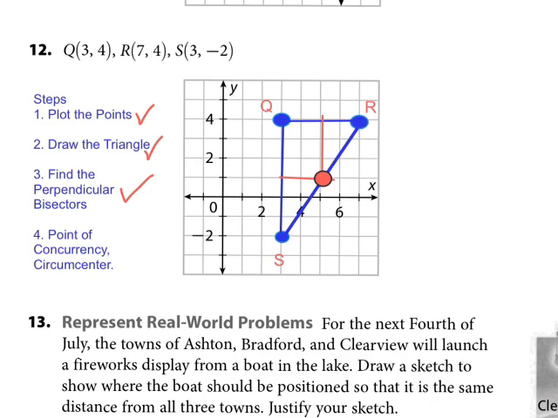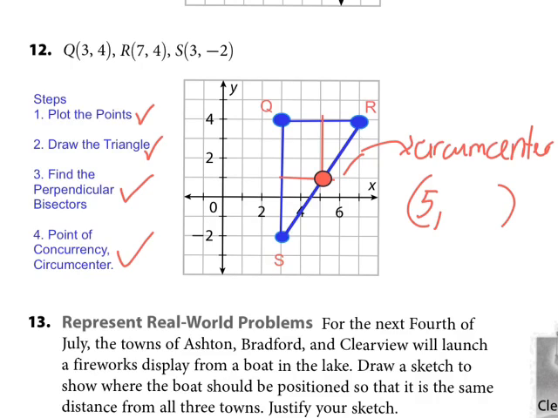Now I found my point of concurrency, which is my circumcenter. This point here is called your circumcenter. And that point is at 5, 1.